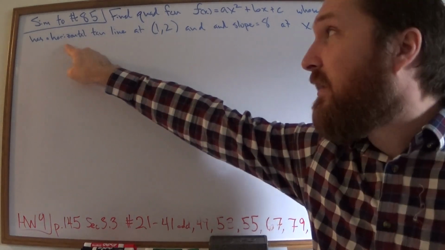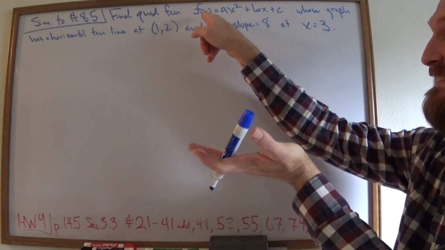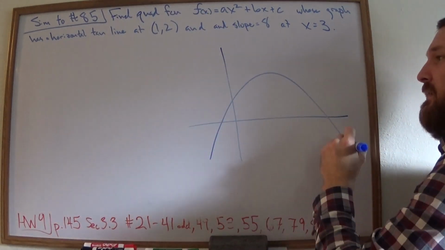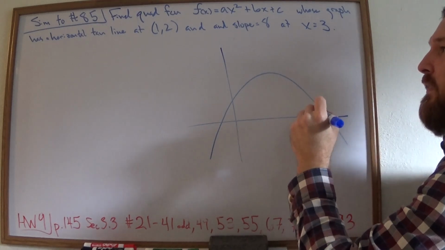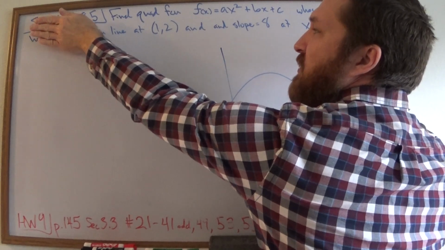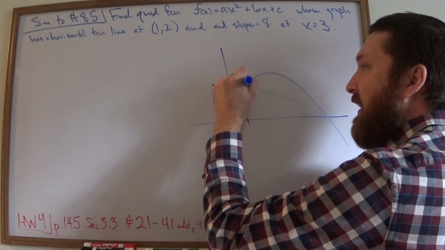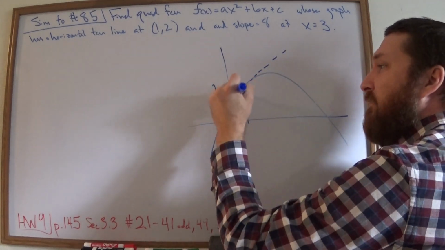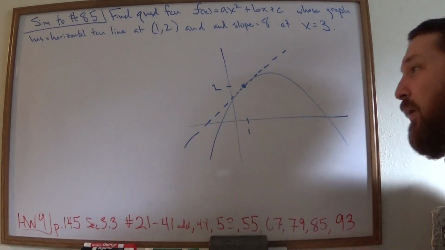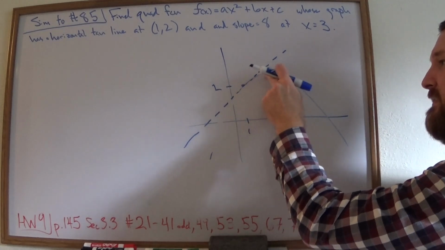Yeah, because a horizontal tangent line has to touch the actual function, right? So we have some function, I don't know what it looks like, maybe it looks like this. And who cares if it's horizontal? If I say there's a tangent line at 1, comma 2, then for it to be a tangent line, when I plug in a 1, I have to get out a 2. Otherwise, that line is not on the curve, is it?